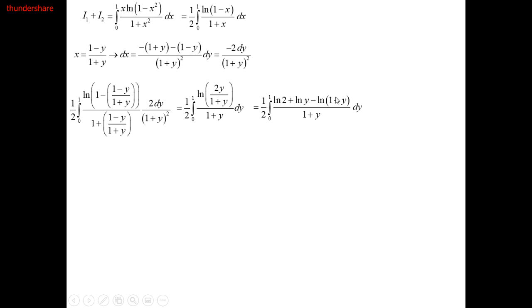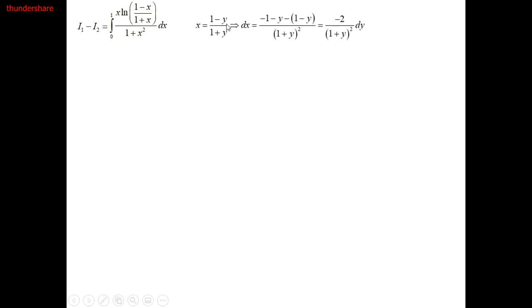And of course, all of these are very simple, and you can make the integration. So the value will equal 1 over 4 ln squared 2 minus pi squared divided by 24. And as I said, this is the second relation between our three values, and this is I1 plus I2.